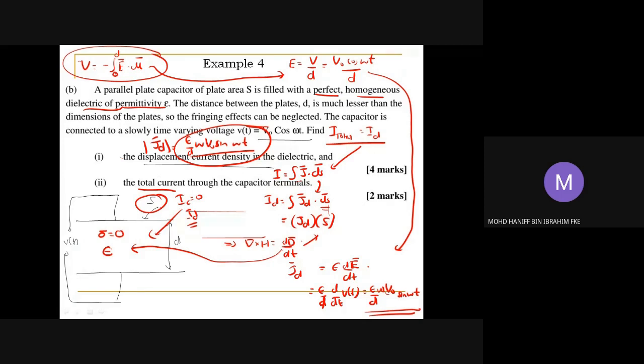The S is the area of the plate, and from here we find that the displacement current magnitude will be JD times S, which is epsilon omega V naught S over d sine omega t. That is the magnitude of your displacement current, and subsequently the magnitude of your total current through the capacitor terminals, which is solely based on the displacement current only.